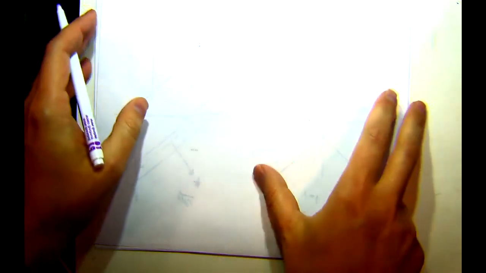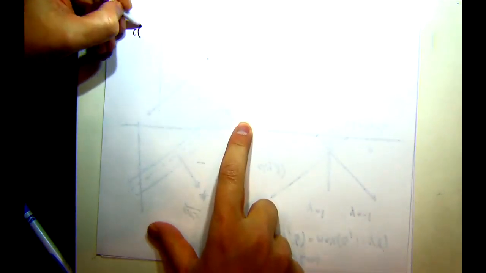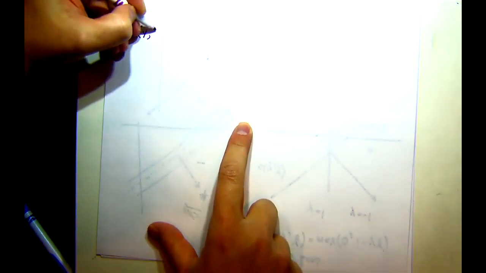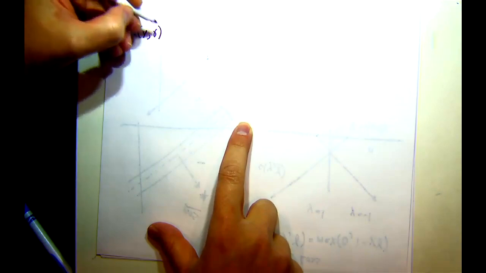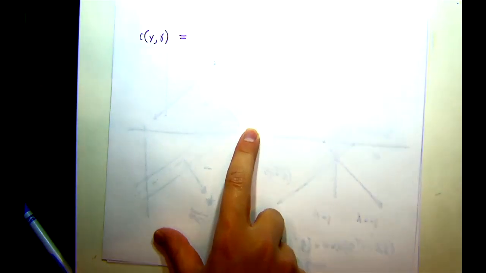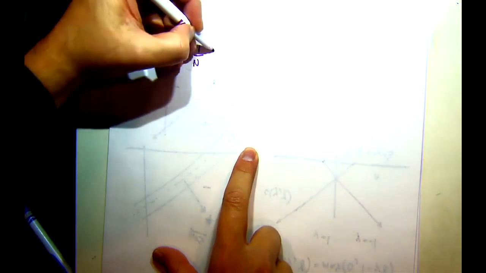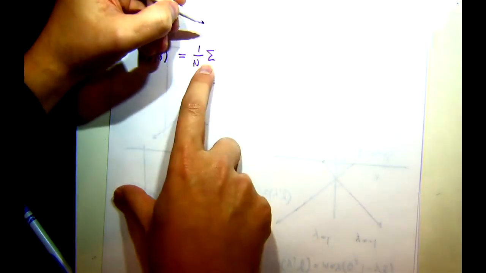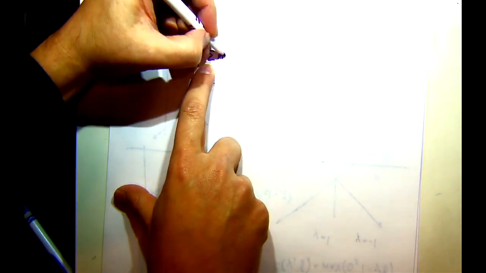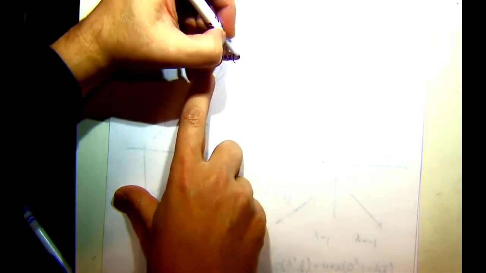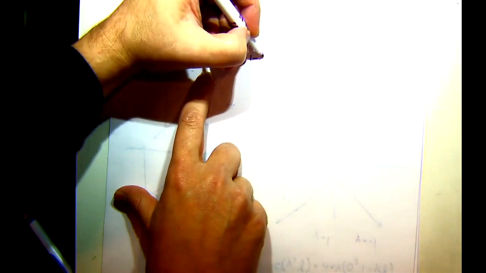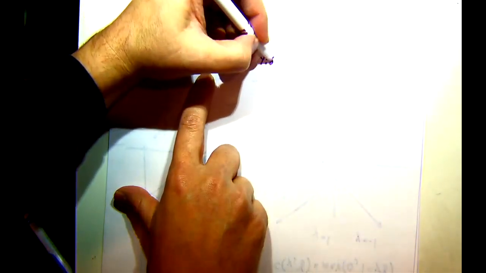Our overall cost of y versus some gamma is going to be equal to, these are just the two parts I wrote before. This is our cost on our training data, max of 0, 1 minus y_i gamma_i.